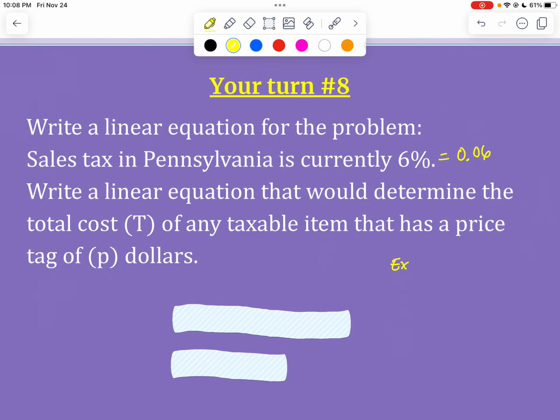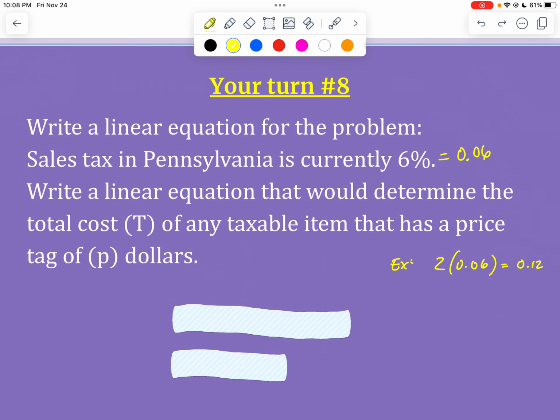to figure out how much that item costs. So for example, if I had a $2 item, if I multiply that item times 6%, that's going to tell me the sales tax, 12 cents, that I'm going to have to pay. But that just tells me the tax. I need to know the total.